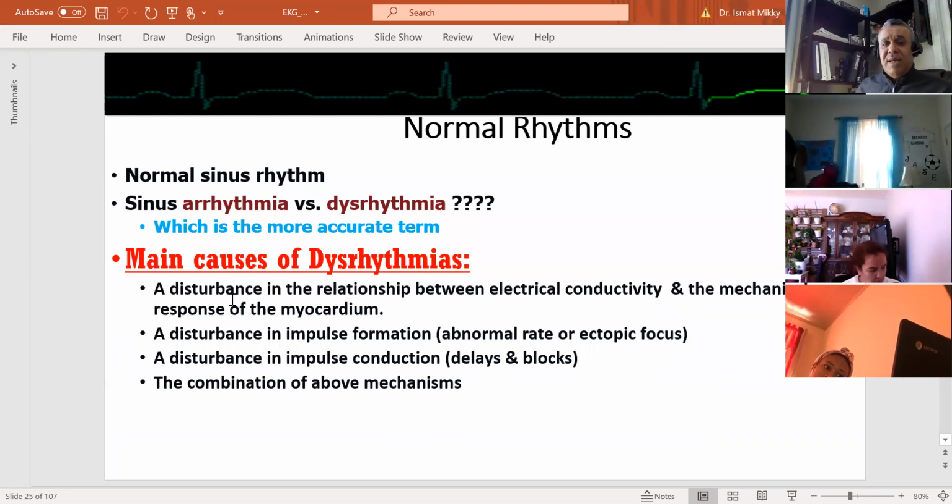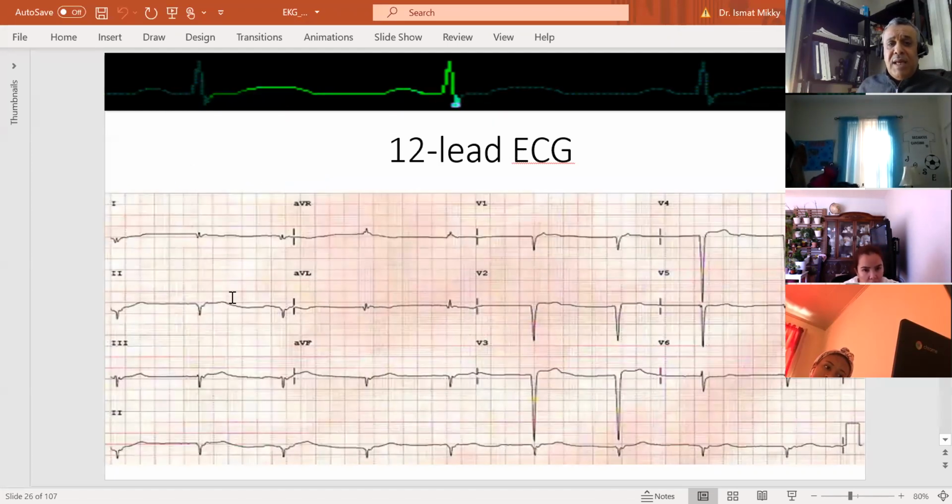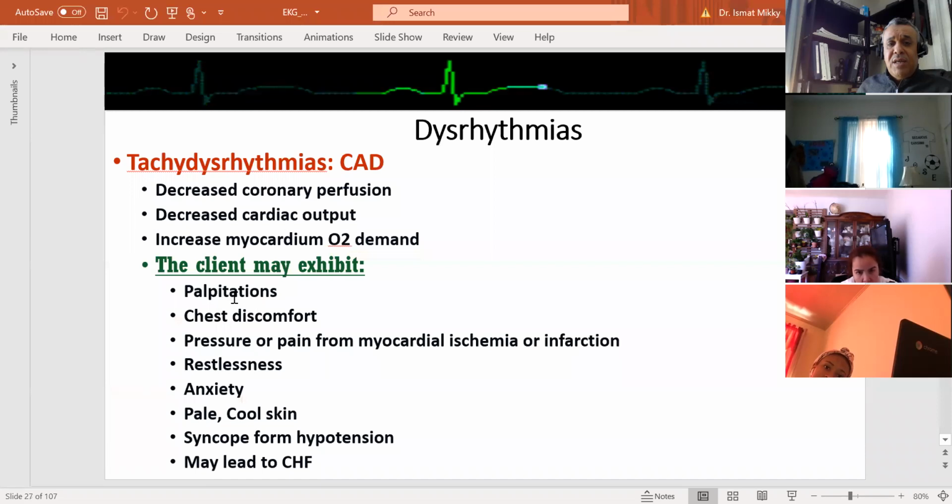Main causes of dysrhythmias and the 12-lead EKG. Now, dysrhythmias, we have tachy and brady dysrhythmias. Some of the reasons are perfusion deprivation, coronary artery stenosis or blockage, blood clot, decreased cardiac output, and increased myocardial oxygen demand.